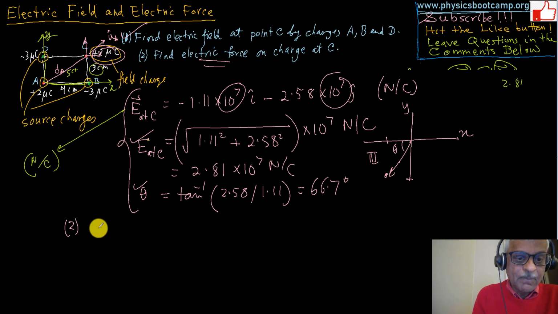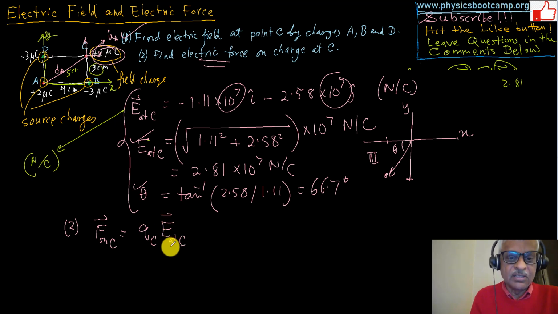So F on C is QC times the electric field at C by other charges, by sources. Okay, so this one is positive, then the direction will remain the same. Otherwise I'm going to have to add 180 degrees to it, right?